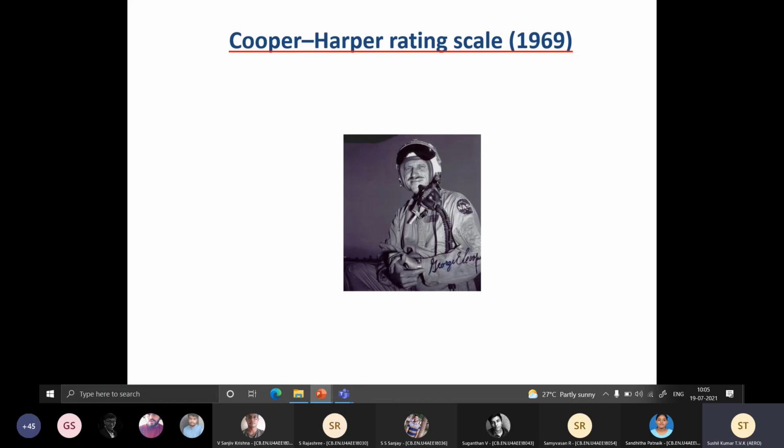Now, in very general terms, we have defined this flying and handling qualities. And the person who actually tried to quantify it or put it in some sort of a format was this Cooper Harper. Okay. He was a test pilot and he flew thousands and thousands of sorties before he came to the conclusion that this is how the scale should be. Though this was done in 1969, even till date, this scale is being used for any prototype development of aircraft.